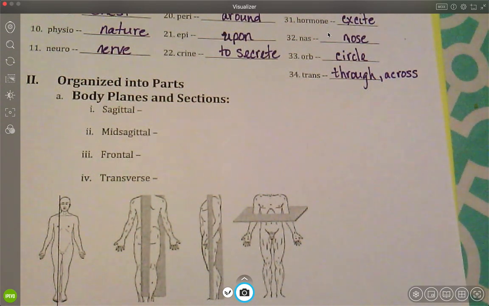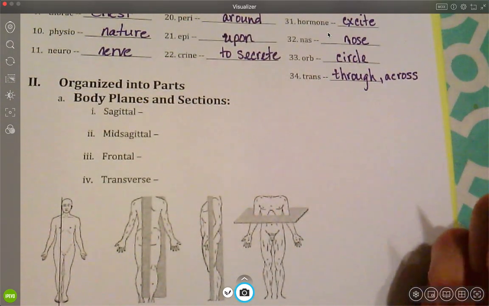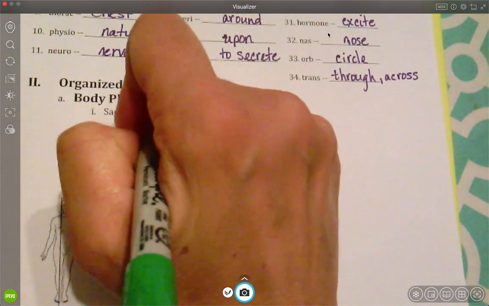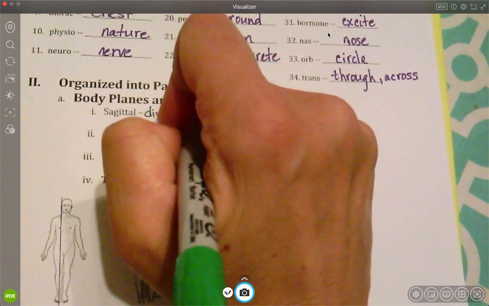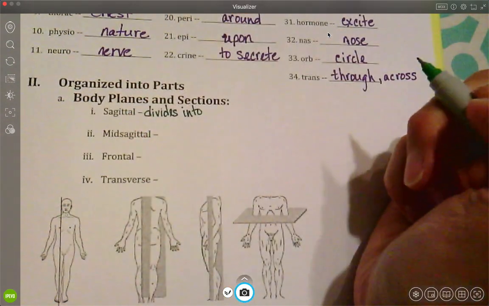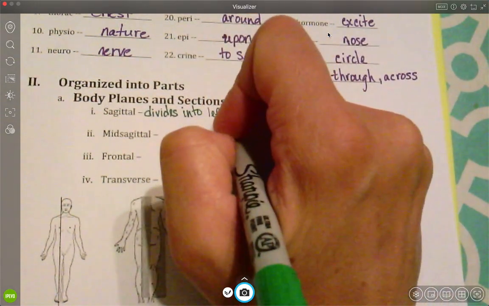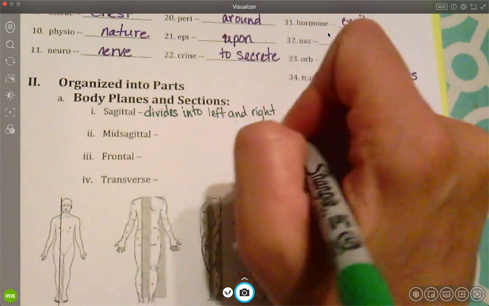So the first one is sagittal. We said that the sagittal divides the plane into left and right parts.